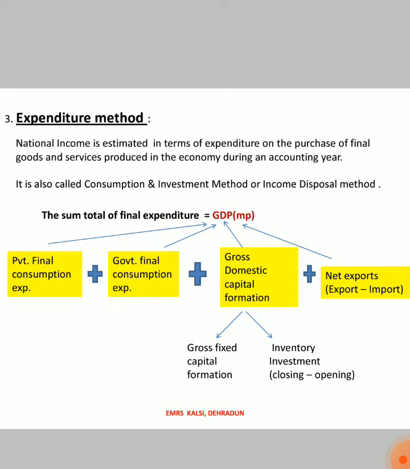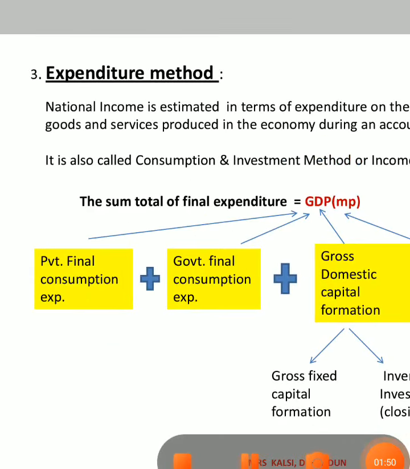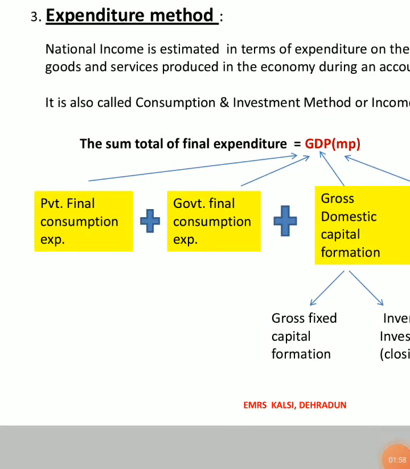First is private final consumption expenditure, meaning the expenditure made by the citizens, the private persons, on various goods, on daily needs, like purchasing final goods or services such as bread, biscuit, milk.